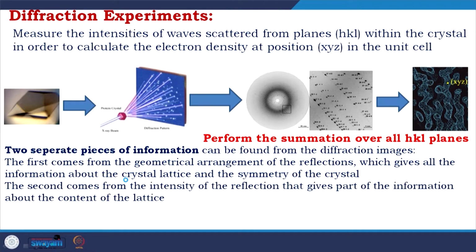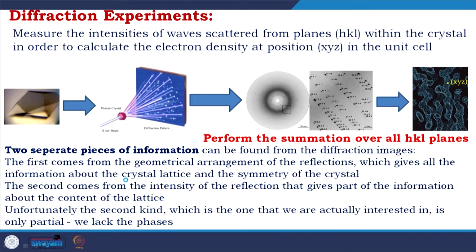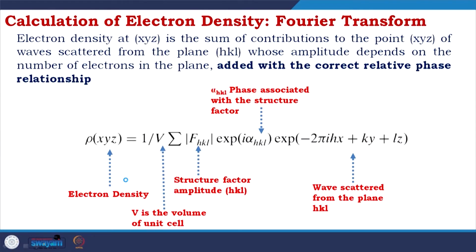The second information we get from the intensity of the reflections, which gives part of the information about the content of the lattice. And as I was discussing throughout the last few lectures, the intensity information gives us the amplitude, but we are not getting the phase, and hence it is the phase problem.